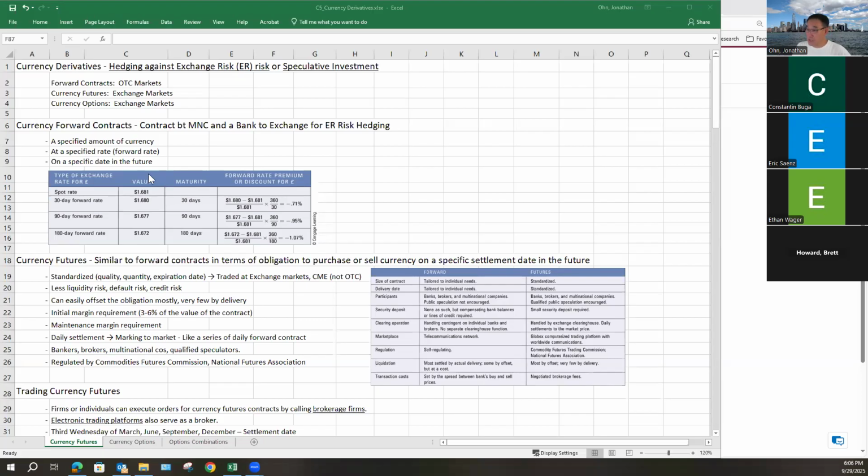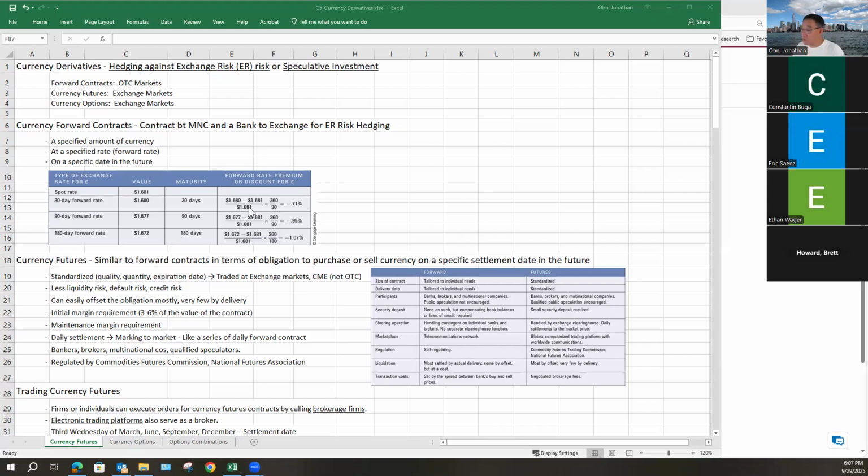Given the spot rate, forward rate, and the maturity of 30, 90, and 180 days, you can calculate the size or magnitude of the forward discount or forward premium. In this case, the forward rates are all below the spot rate, so this is obviously a discount. The formula for the discount or premium is the forward rate minus the spot rate, divided by the spot rate.